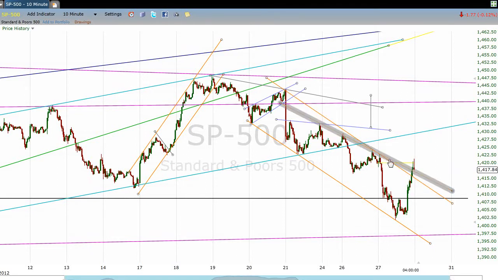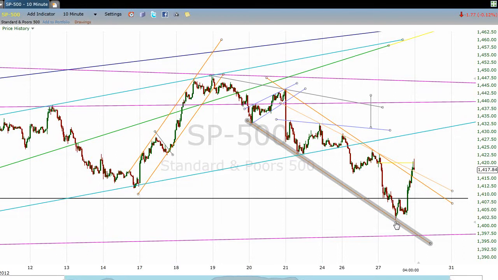We started out with a tiny little upward momentum that quickly gave way to a fairly significant sell-off from the day's highs around 1422. We sold all the way down to about 1402, almost a 1.4% difference from the early morning high to the midday low.